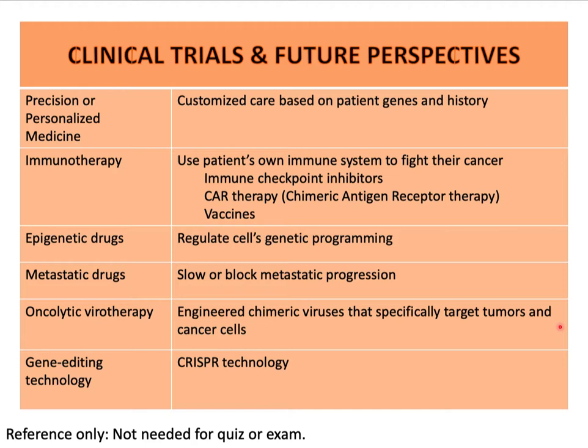Two new immunotherapies are one, immunotherapy checkpoint inhibitors, not to be confused with the cell cycle checkpoints, and two, CAR therapy. The immune cells, the T cells, have an off switch to keep the immune system in check. There are molecules on the surface of the normal and healthy cells that tell the T cells to leave it alone.